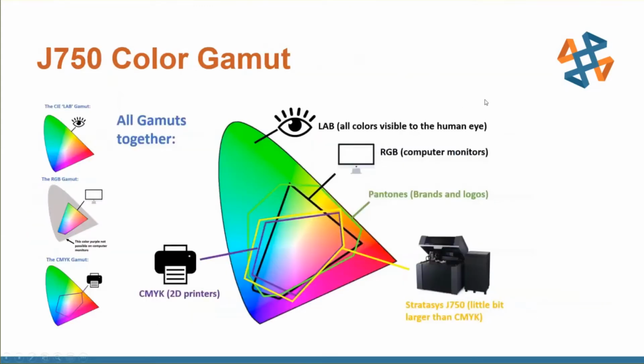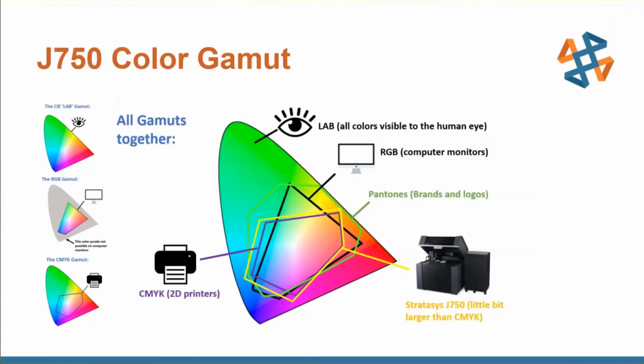And just a little bit of color theory here. There are different color gamuts, and the color gamut that your eyes can see is known as the LAB gamut, and that's everything that the eye can perceive. There's also the RGB gamut, that is what your computer monitor or digital monitors will display, and it's a section of the LAB gamut.